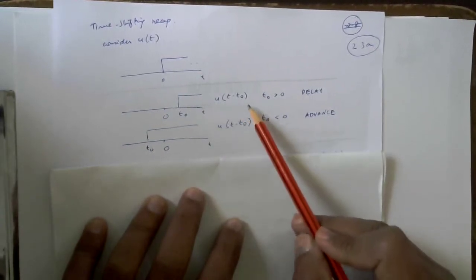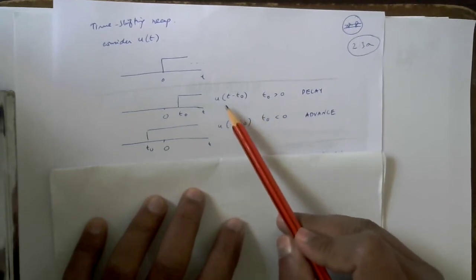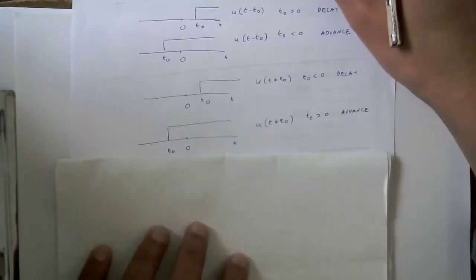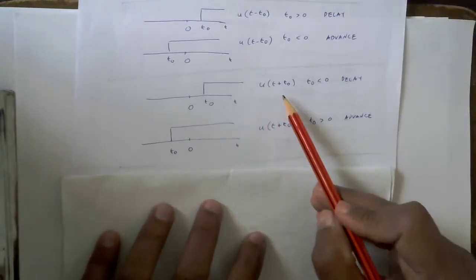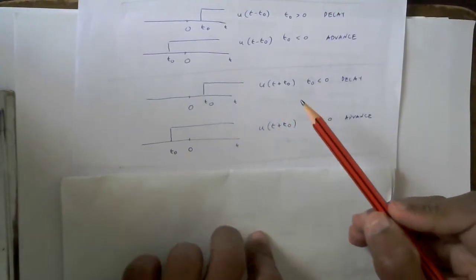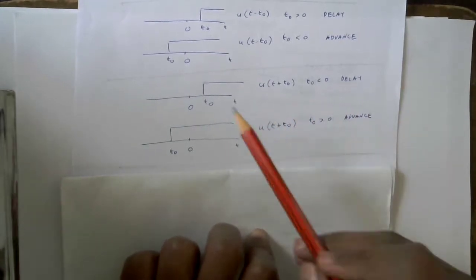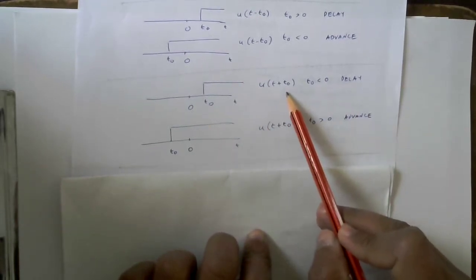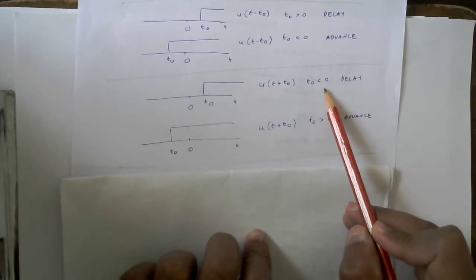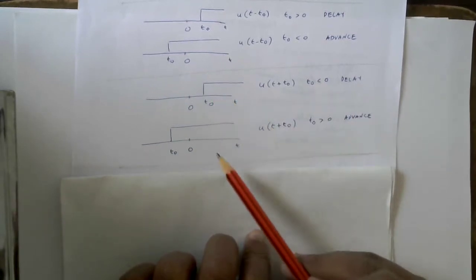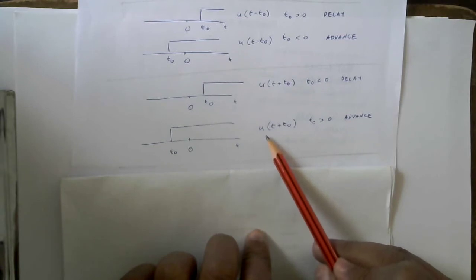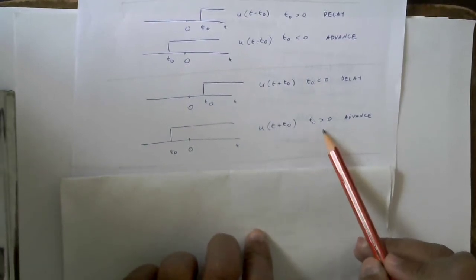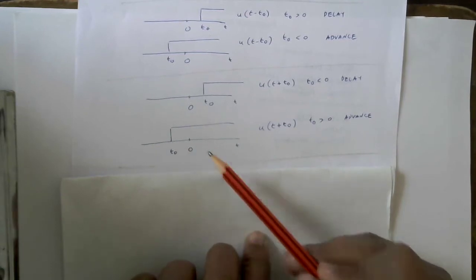This was the case when you represented the time shift as u of t minus t naught. We can also represent the time shift as u of t plus t naught. In that case, it gets reversed. For example, when you write the time shift as u of t plus t naught, and t naught is less than 0, then you get a delay, and when t naught is greater than 0, then you get an advance.